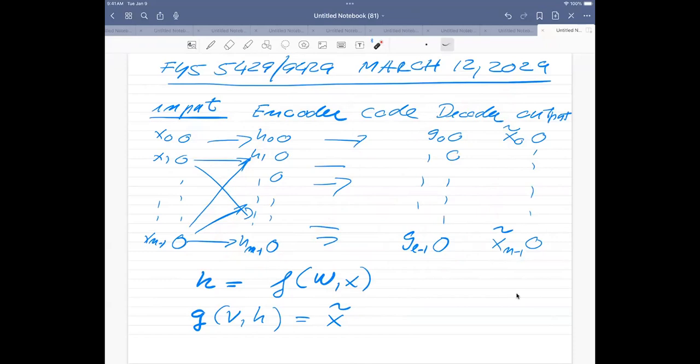And if you're now dealing with the linear transformation, the decoding and encoding as a linear operation, where you have a matrix times a vector, then we can show that this is the same as principal component analysis, which is a dimensionality reduction method.